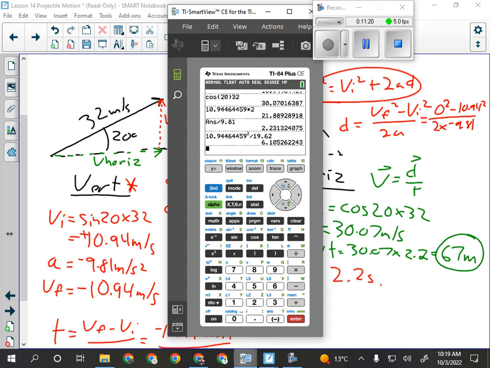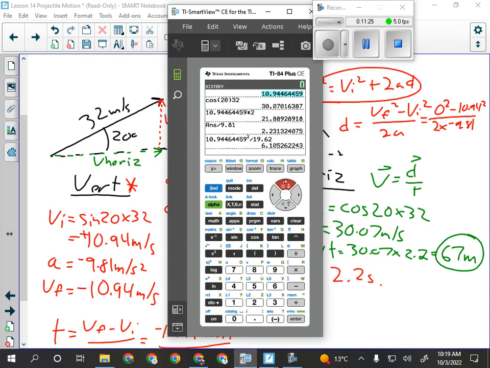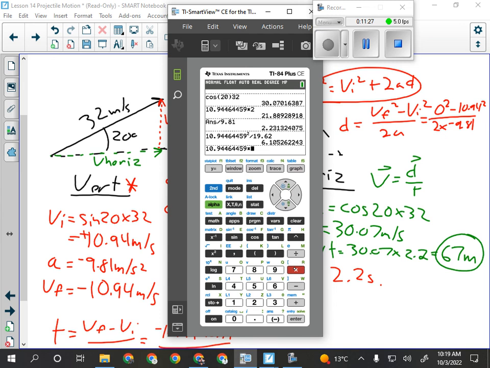So I take that initial speed times the time I calculated, plus 0.5 times negative 9.81 times that number squared. Whoop, I messed something up.